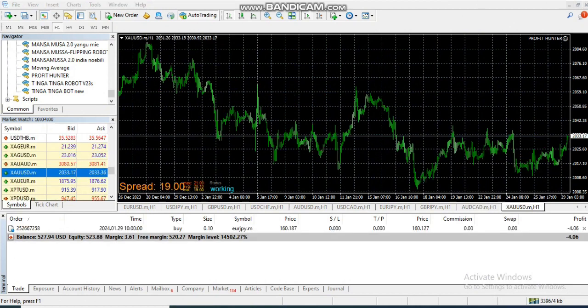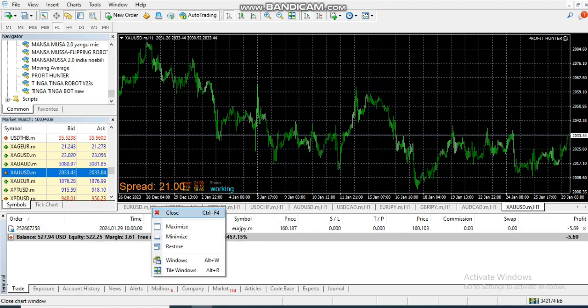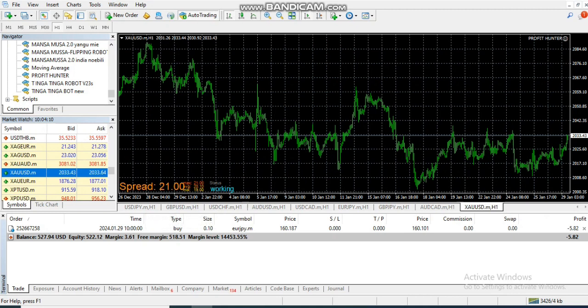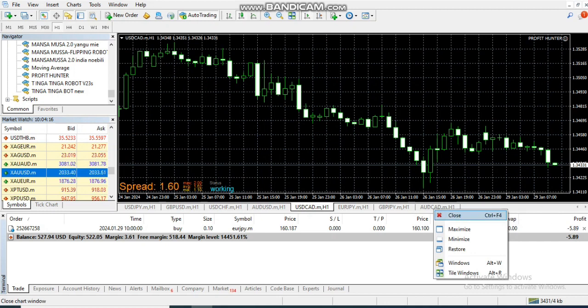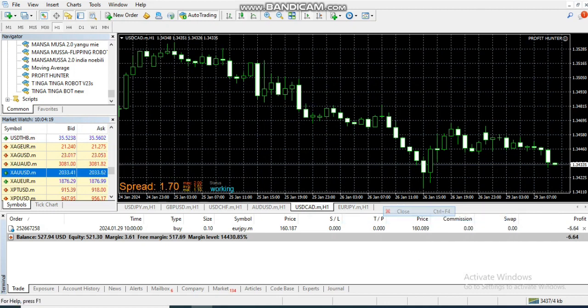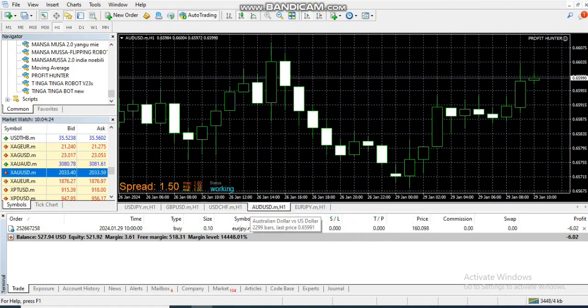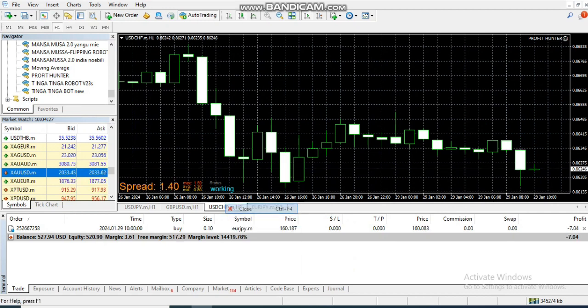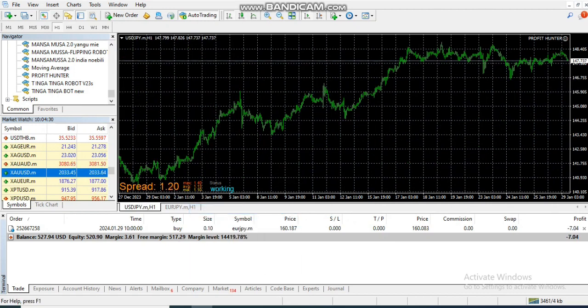As you can see now, the Euro JPY has entered, so we can close other pairs. We close other pairs because they have not gotten the entry.